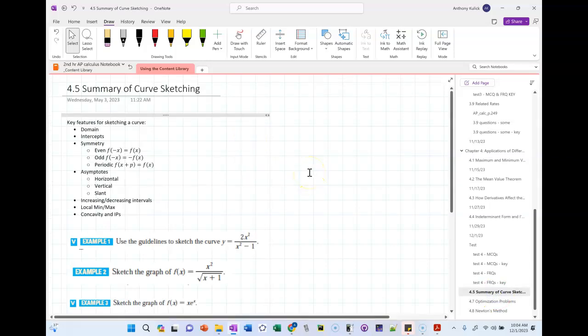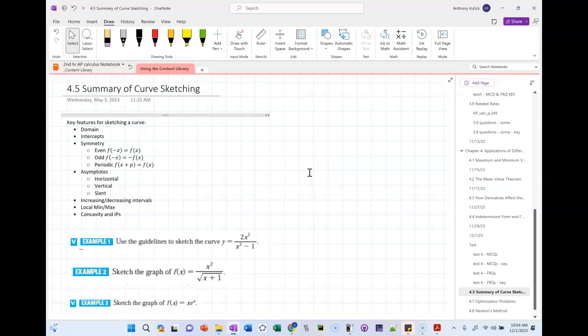So 4.5 is all about graphing without a calculator. That's the skill that we're going to be practicing. To do that, we're going to start by calculating all of these features for our graph, and then use those features to sketch a reasonable picture.